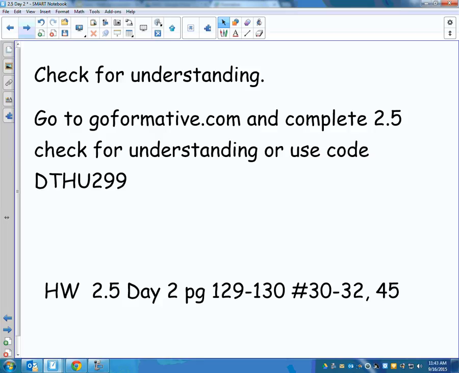Anybody getting anything to come up? Oh, it went away. Oh, it went back. Just type that code in and see if it works.